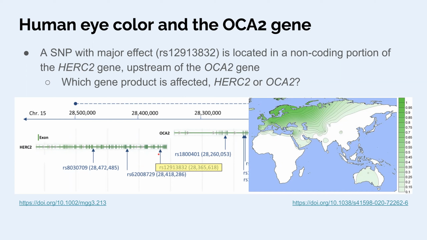And as we'll see, it has an effect on what happens with transcription related to OCA2. So the difference among people is here, what we call upstream of the OCA2 gene, but it affects a process that is regulated by the cell as to whether this OCA2 gene gets transcribed in the first place.